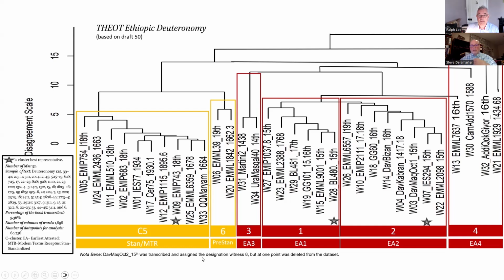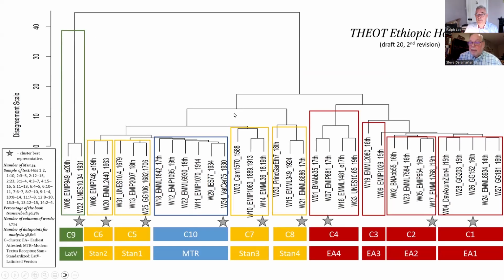Now with Hosea. So again, the ETH1 period looks quite similar. EA1 and EA2 are pulled apart by exactly the same force. We have a set of minority variants that the cluster of EA1 cite that EA2 don't, and vice versa, just as we said before. EA4 in this case are all late copies, and they become part of the story of the ETH2 period.